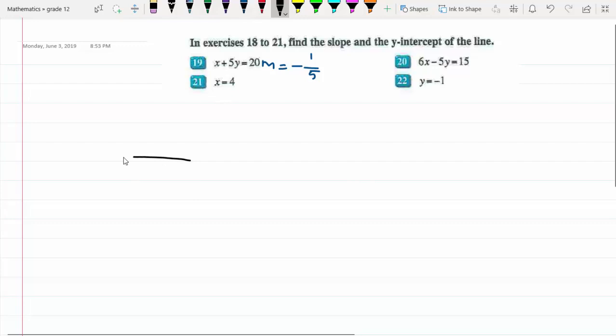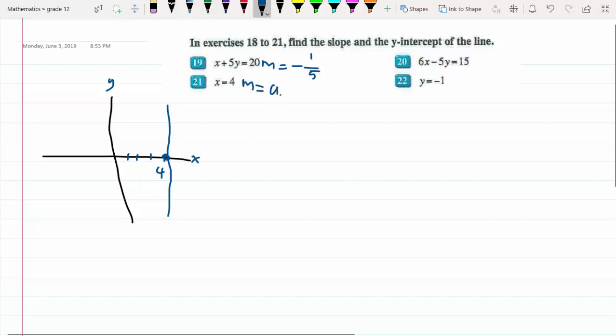X equals 4 on the xy axis is just a straight line passing through x equals 4: 1, 2, 3, 4. Then it has no y-intercept. It doesn't cross the y-axis at all, and the slope of it is undefined. The slope m is undefined, and there is no y-intercept.